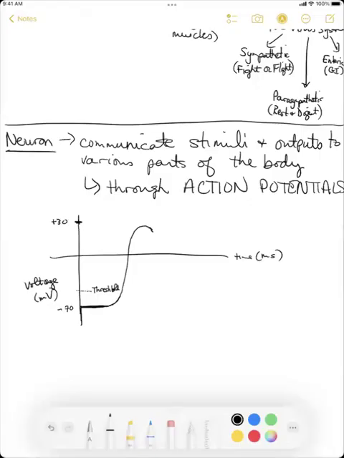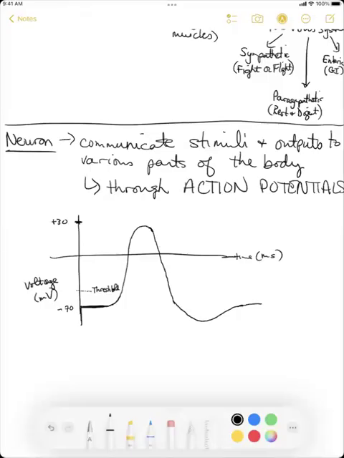Then it comes back down fairly quickly, but it overshoots the mark a little bit, and you actually get a little bit of a more negative voltage than what you began with. This entire thing would be the electrical impulse that travels along the neuron and eventually gets communicated with the part of the body that it's trying to send the signal of the stimulus to.